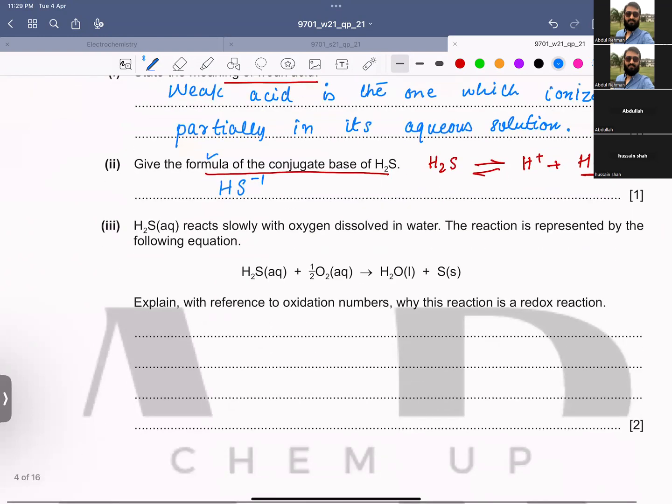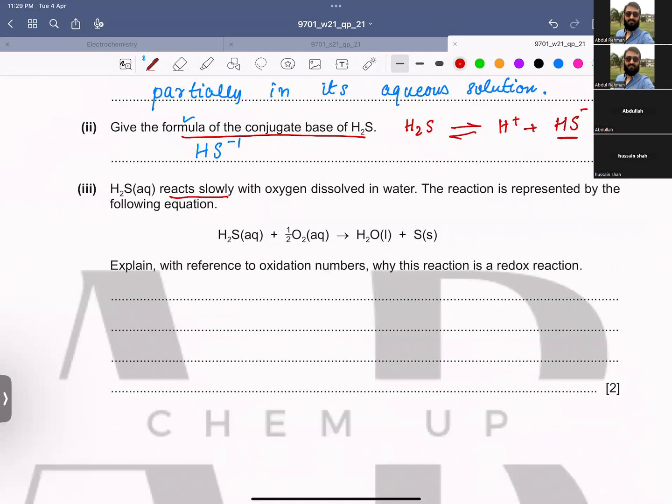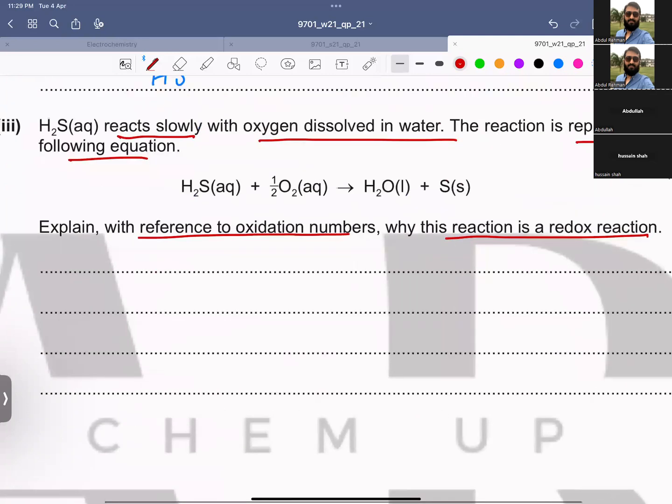Now third part. H2S reacts slowly with oxygen dissolved in water. The reaction is represented by the following equation. Explain with reference to oxidation number why this reaction is a redox. If you see here, sulfur has a -2 charge and here sulfur has a 0 charge because it becomes an element.